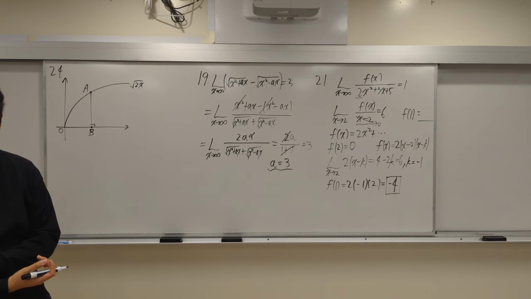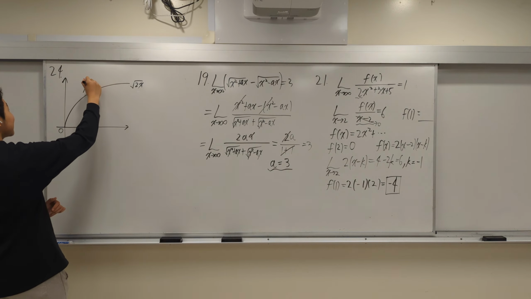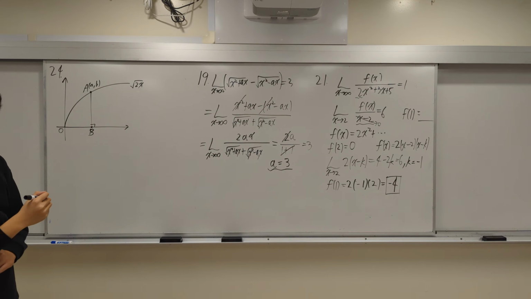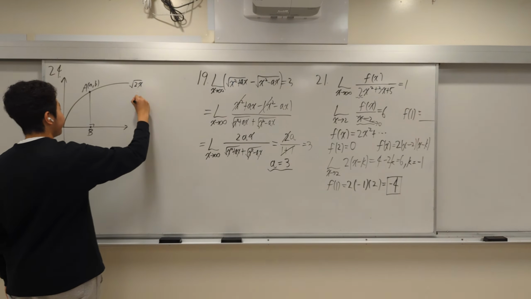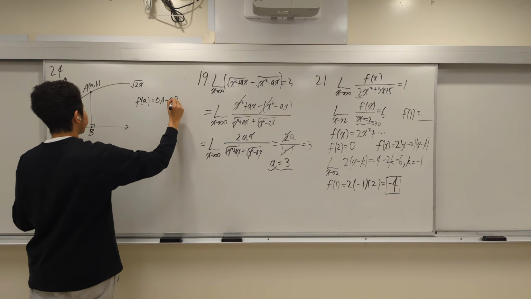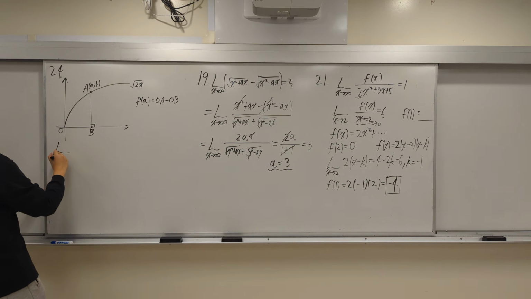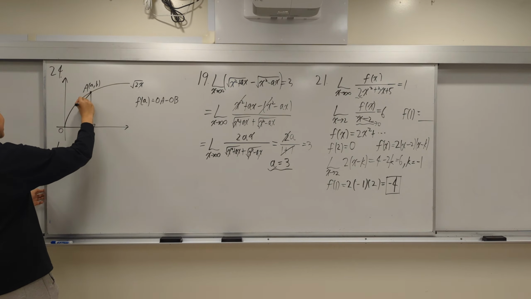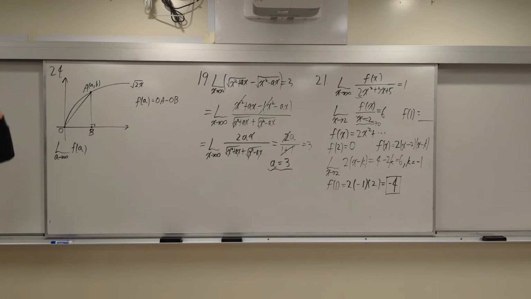Limit as A goes to infinity of f of A. So A is (a, b), and f of A is what? OA minus OB. And we want to find the limit as A goes to infinity of f of A.